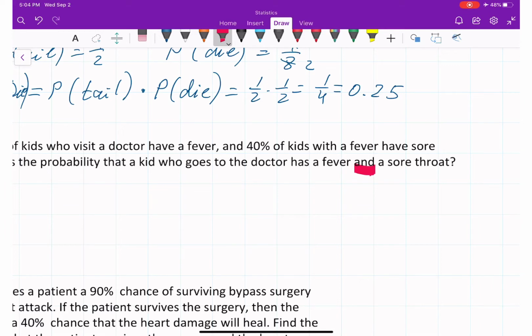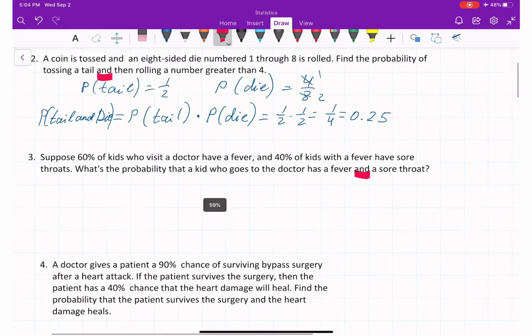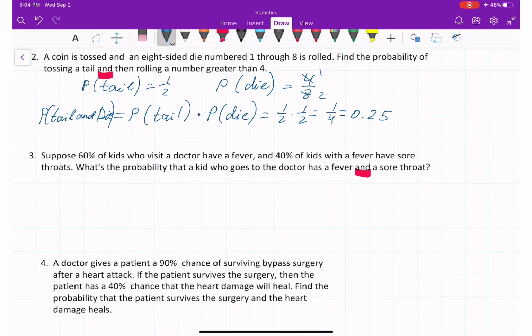So fever and sore throat. So what do we have to do here? We need to find the probability of fever, because we have "and," here we need to multiply by the probability of sore throat. Yes?